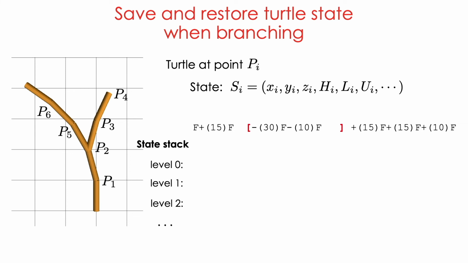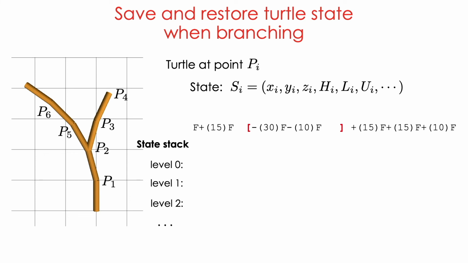She will push this state on the stack before proceeding further in the string. The idea is that if I push, it's like I record my position for further use. Then I can use this and change my state, whatever. And when I encounter the closing bracket, I will restore the state that I pushed on my stack.